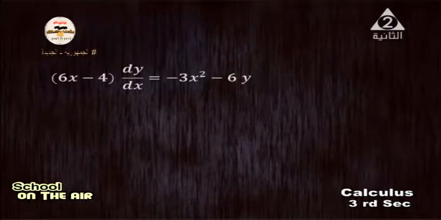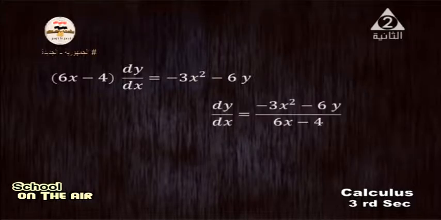Then (6x - 4) multiplied by dy/dx equals negative 3x^2 minus 6y, and dy/dx equals (-3x^2 - 6y) over (6x - 4), which is the derivative of the implicit relation x^3 + 6xy = 4y + 3.